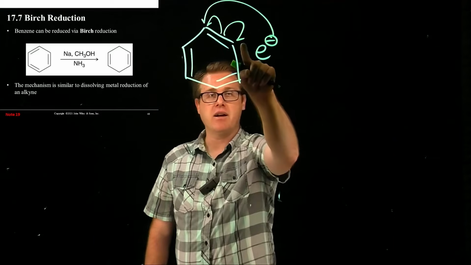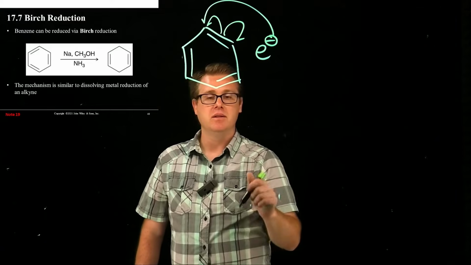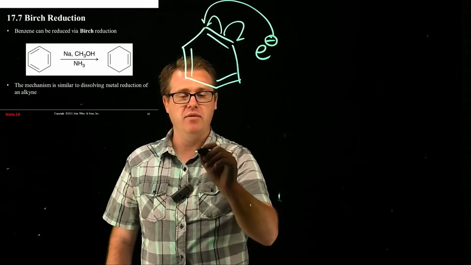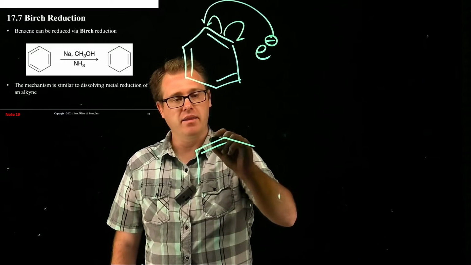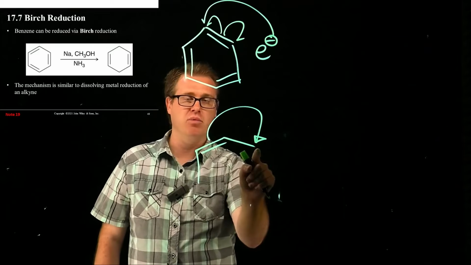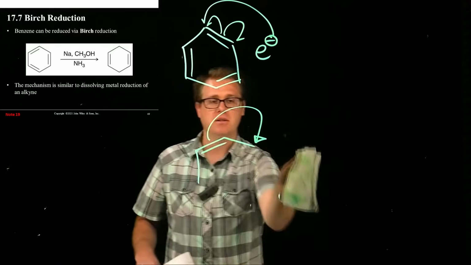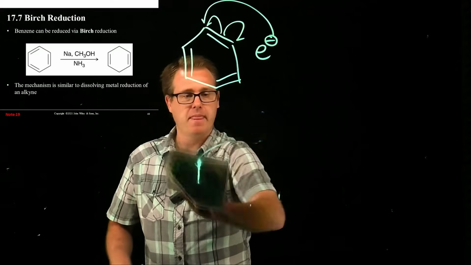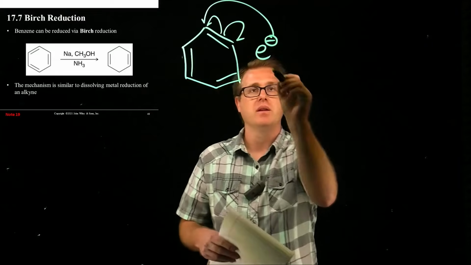The single hook arrow is telling me that 1 electron is going. In contrast, if we had something like this, and I go like that, 2 arrows, that's saying both electrons are moving over there. But with the single fish hook, only 1 electron's moving. So I'll show you what that looks like.